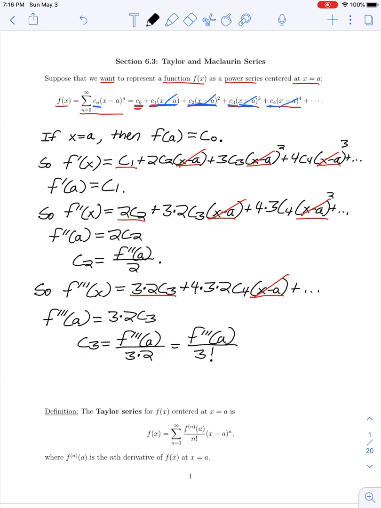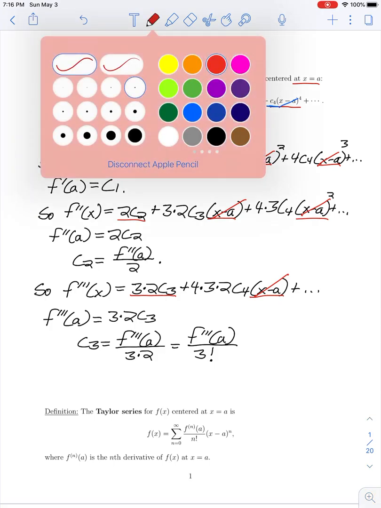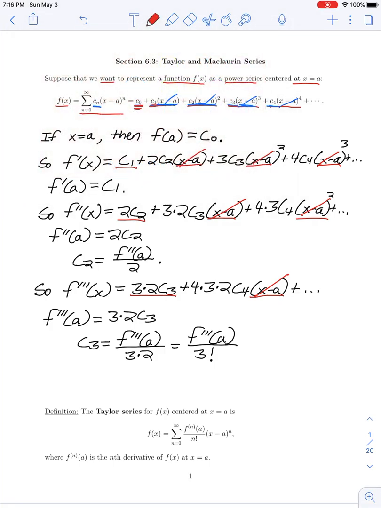Now looking back at our earlier terms, let's see if we can establish a pattern that's appearing. So we found that c3 would be the third derivative of f at a divided by 3 factorial. c2 is the second derivative of f at a divided by 2, which is the same as 2 factorial.